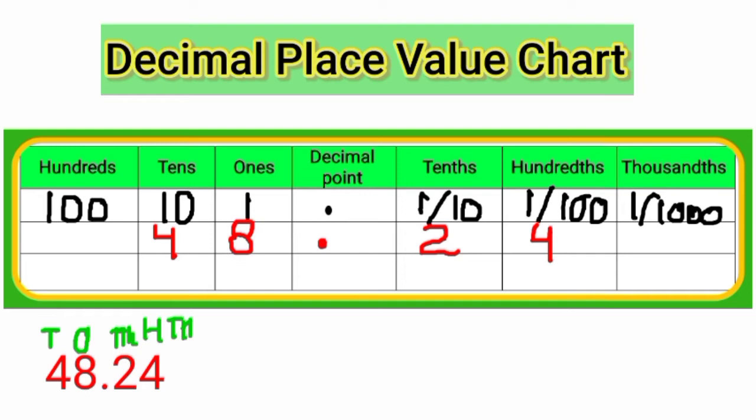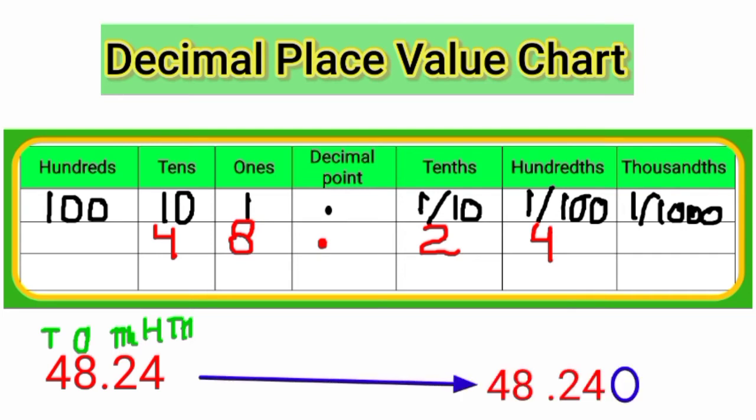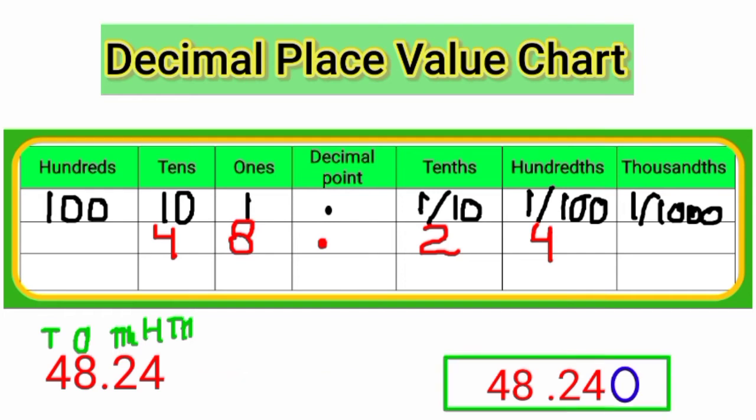Let's take one more number and represent it. Suppose we add one more 0 at the end. It means in the decimal part we are adding 0 at the end. It becomes 48.240. Now before representing it, firstly write their places. Before decimal it will be ones, then tens.